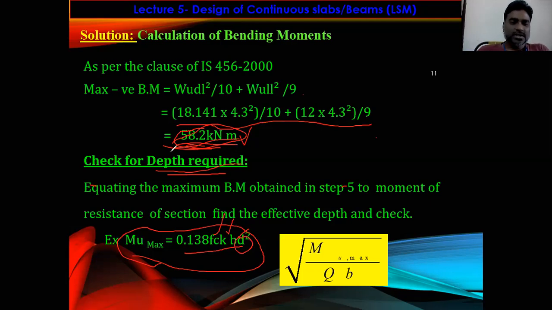So this maximum bending moment equals Mu max, that is 0.138 fck b d square. Substitute the values and determine the d required.